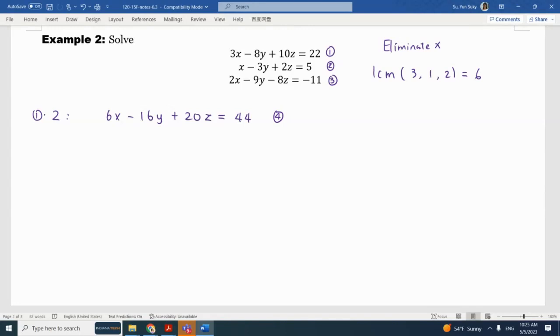The second equation, what do you want to multiply by? Yes, we multiply by 6. Then what do you get? Negative 18.